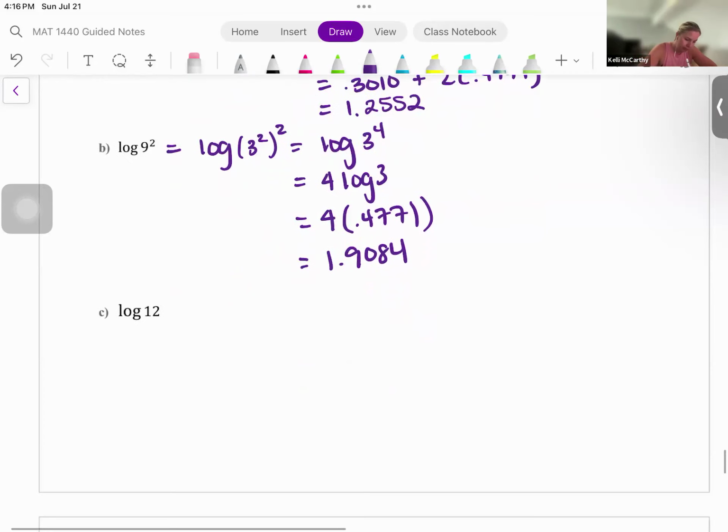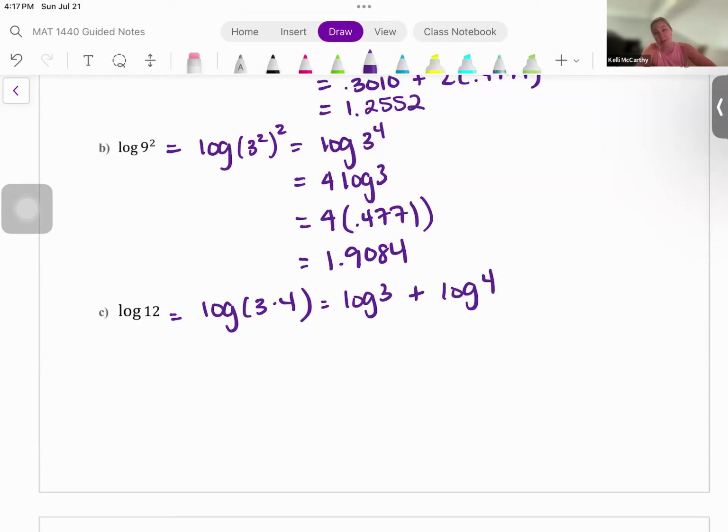Log of 12. I immediately think of 12 as 3 times 4. So this is log of 3 plus log of 4. Again, I don't have log of 4, so I'm going to have to try to work with that one a little bit more. I know 4 is 2 squared.